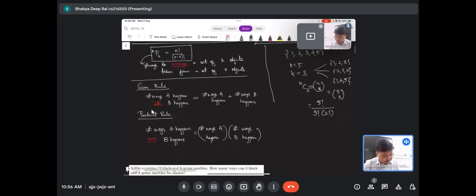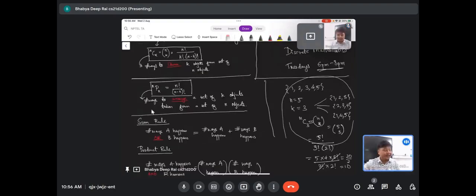Further, you can write this as 5 times 4 times 3 factorial over 3 factorial times 2 factorial. You can cancel out the 3 factorials to get 5 times 4, which is 20, divided by 2, which equals 10. So there are 10 ways in which you can select 3 objects this way. This is what it signifies.